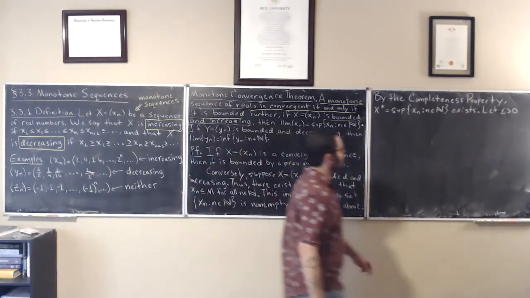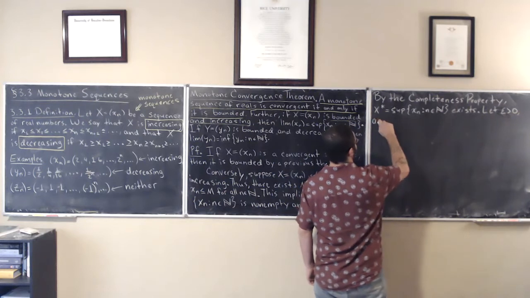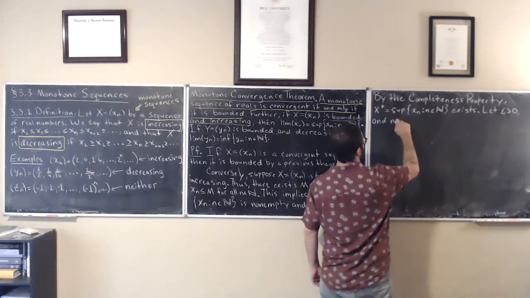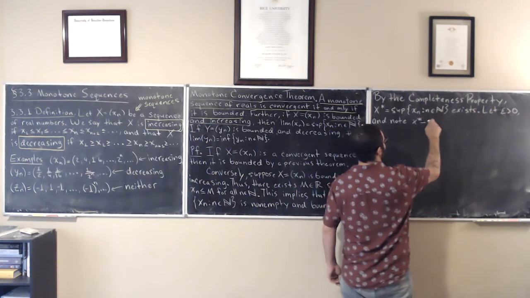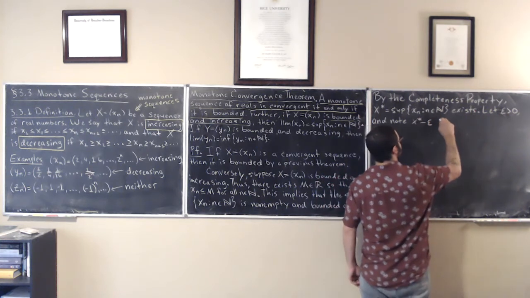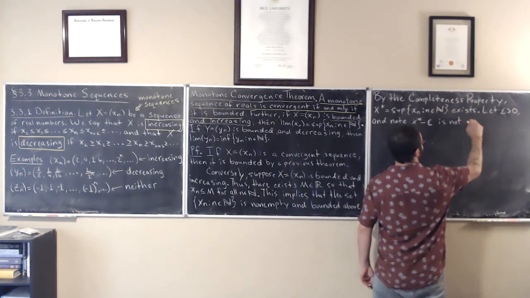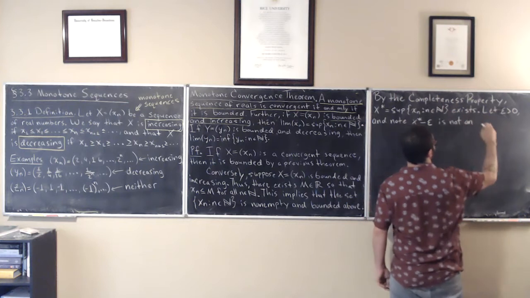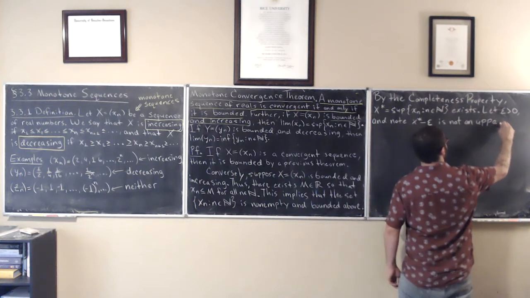And observe, or maybe a note, x star minus epsilon is not an upper bound for that set.